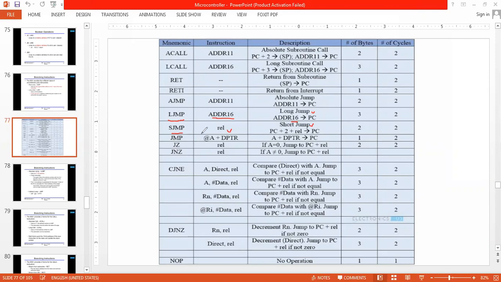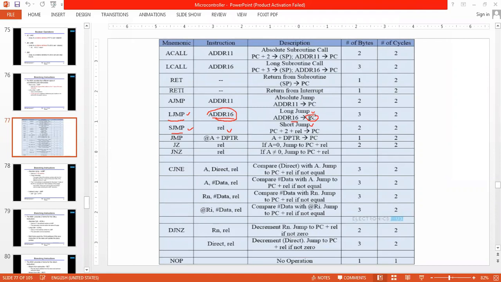Okay, sorry for the delay. So we have seen LJMP, SJMP. Whenever we write this address, that address will be loaded into PC. PC stands for program counter. What is the meaning? Whatever address the program counter is holding, the instruction stored at that address is going to be executed.